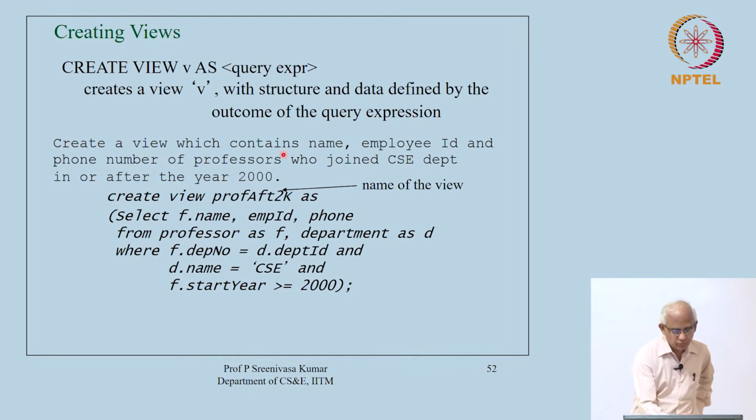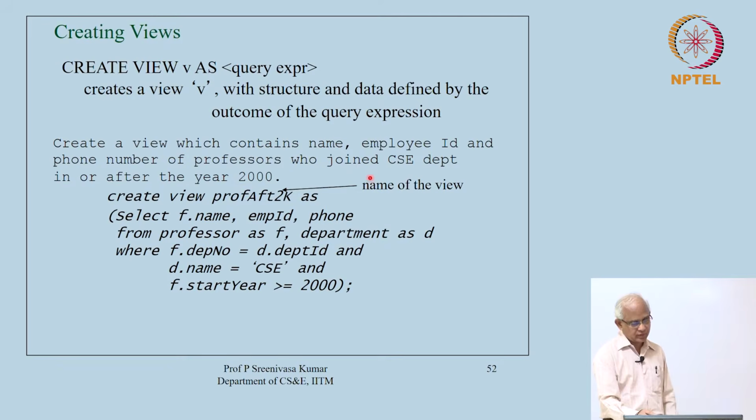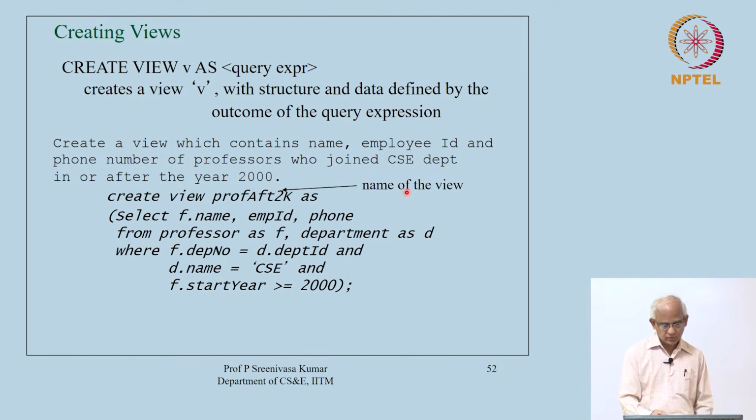Create a view which contains name, employee ID and phone numbers of professors who joined the CSC department in or after the year 2000. For some reason we want to have the details of these people. So, we can give a name for that, profs after 2K, and then supply the corresponding query.